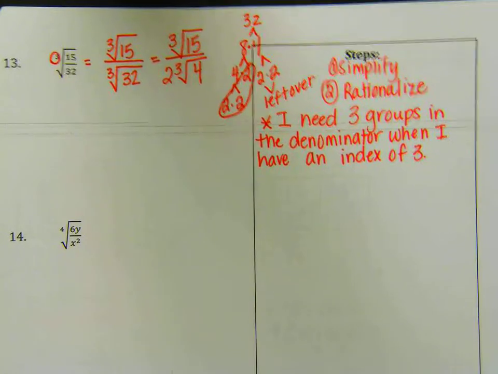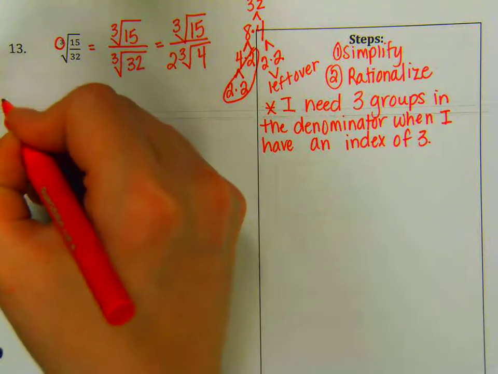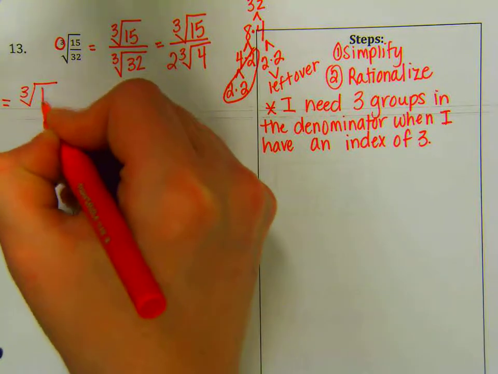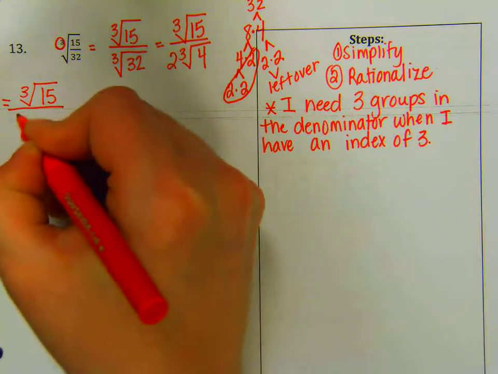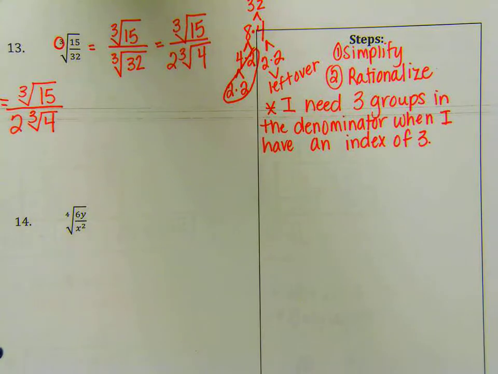If I had a 4 as an index, if I have a 5 as an index, I'd be looking for a group of 5. Here's what that means for us. I'm going to rewrite this over here. Remember, when I rationalize, I only care about the radical. I don't care about the other number that's in front of it.